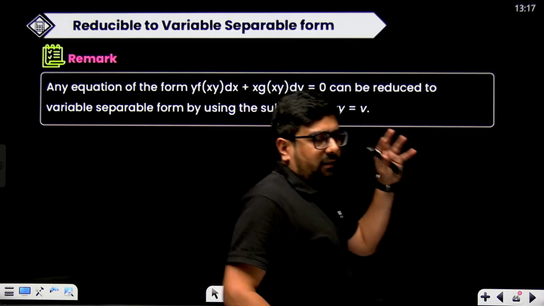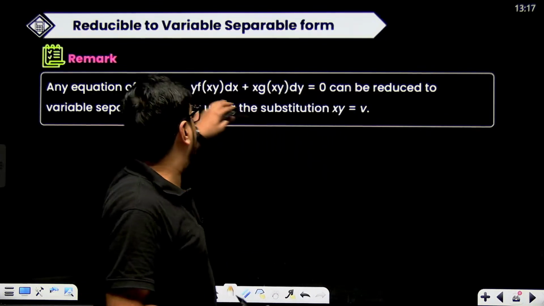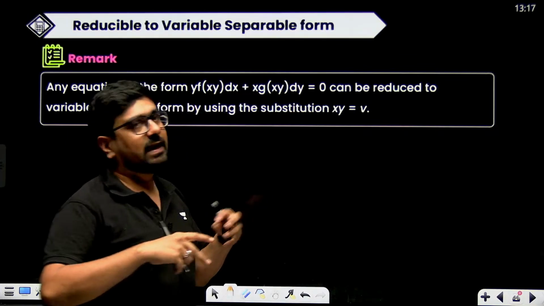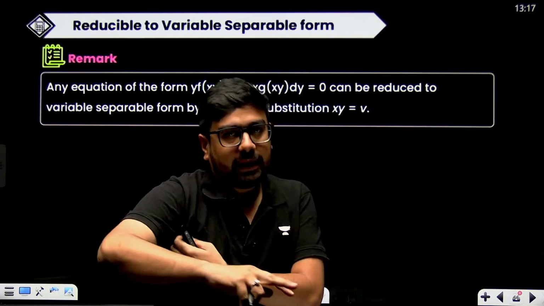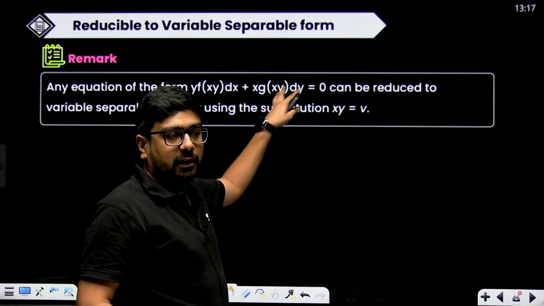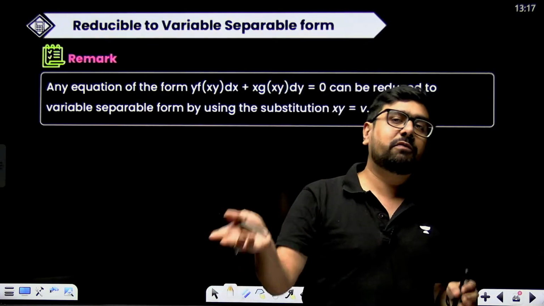Now, one more form, very rarely seen, but sometimes you see y f of xy plus x g of xy. I mean, there are two functions of xy altogether. With y you have a function of xy, and with x you have a function of xy.